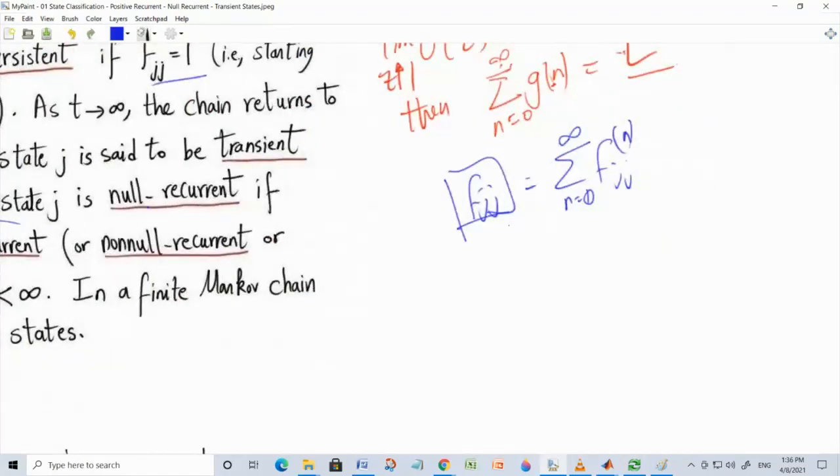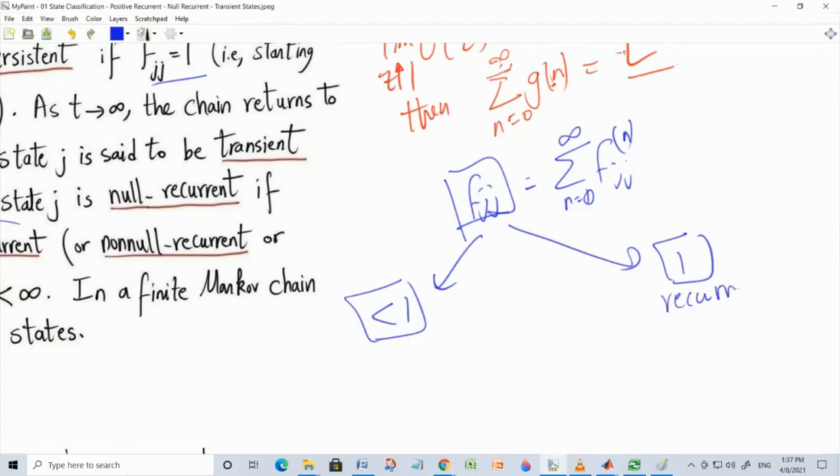Now, we have two possibilities. The first possibility is that this is equal to 1, and the second is that it is strictly less than 1. If it is 1, then we are talking about a recurrent state. If it is less than 1, then we are talking about a state that is not recurrent, and it has a name: it is called a transient state. So we have transient versus recurrent. If fjj is strictly less than 1, the state is transient.